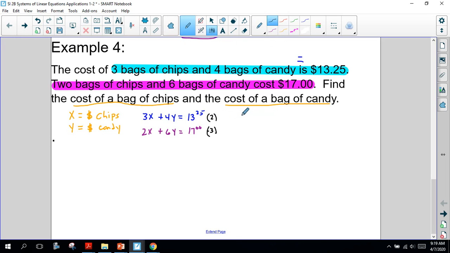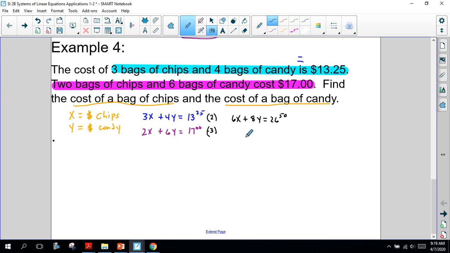So 2 times 3x is going to give me 6x, plus 4y times 2 is plus 8y, equal to, when I multiply 13.25 times 2, 26.50.